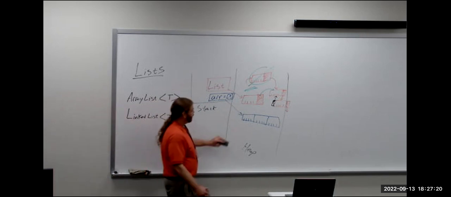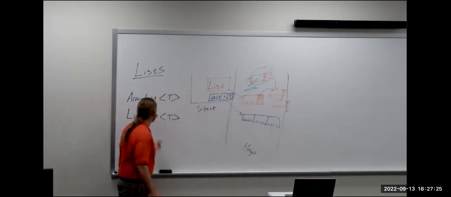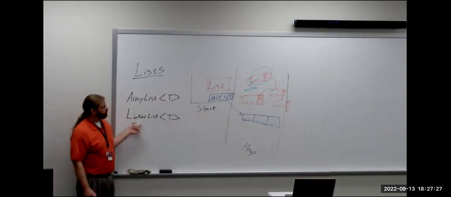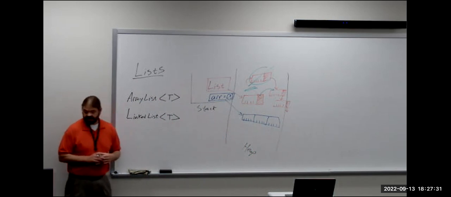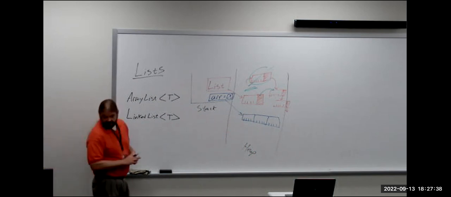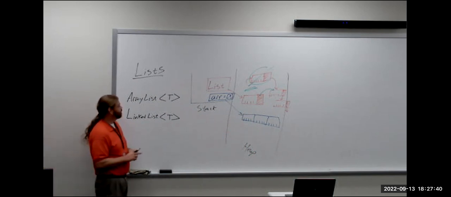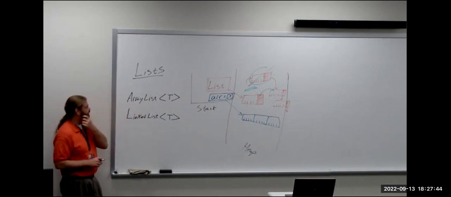In general tonight, though, I'm going to point at linked list. So that picture I drew in red there is a linked list, and an array list, we're going to talk about some finer details yet, because we don't have all the details just yet to talk about it.